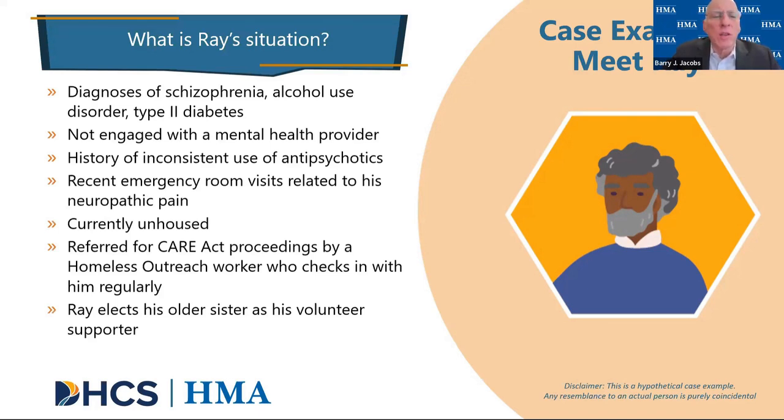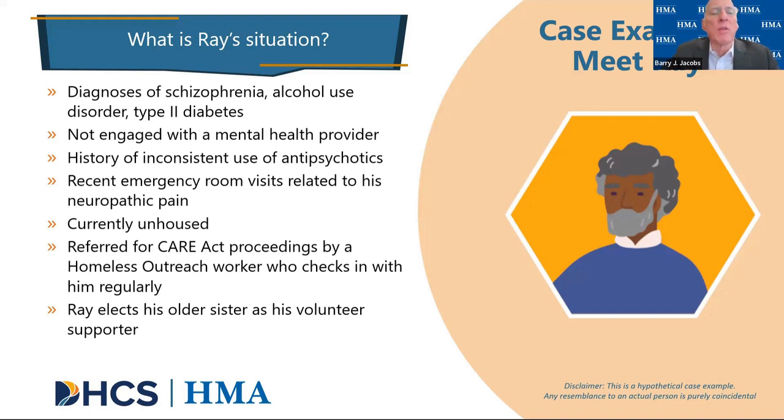So we looked at the case example of Sean, a hypothetical example, and this is another hypothetical example of someone we'll call Ray. Ray is a middle-aged man who has multiple diagnoses: schizophrenia, alcohol use disorder, and unfortunately, like many people who've been on atypical antipsychotics for many years, he has developed very significant type 2 diabetes with diabetic complications. Over the years, he's been engaged at various times in mental health treatment, but is not currently engaged.